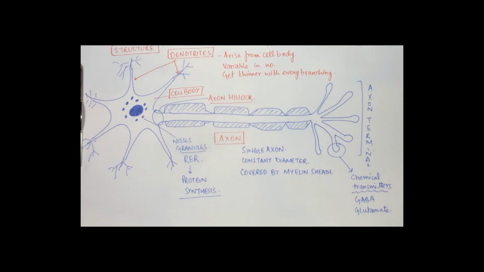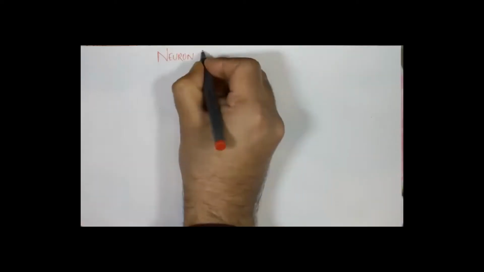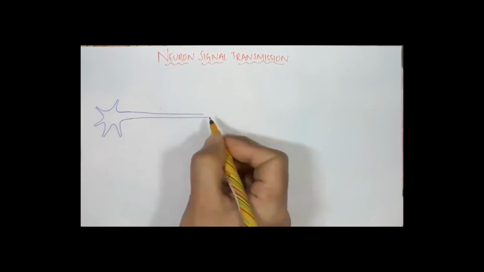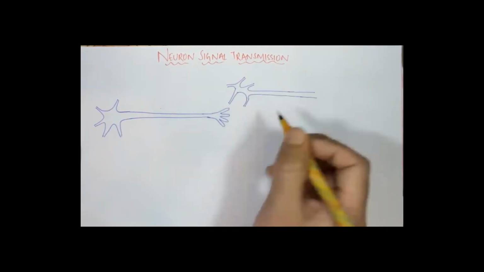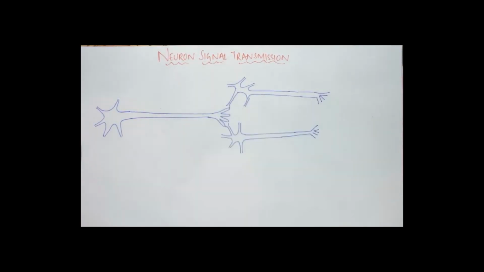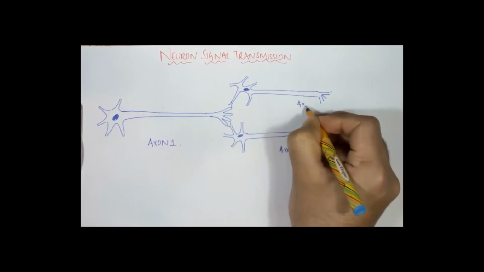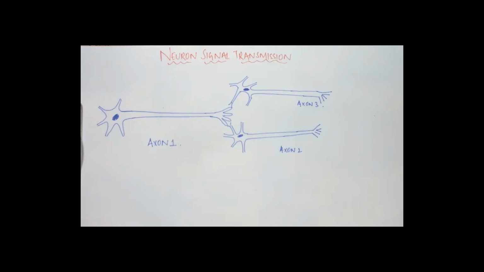Let's talk about how the signal is transmitted across a neuron. So talking about the neuron signal transmission, as you can see in this diagram, we have three neurons. Neuron number 2 and neuron number 3 are connected to the synaptic terminals of axon number 1.